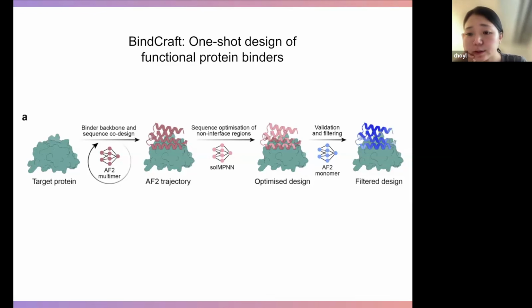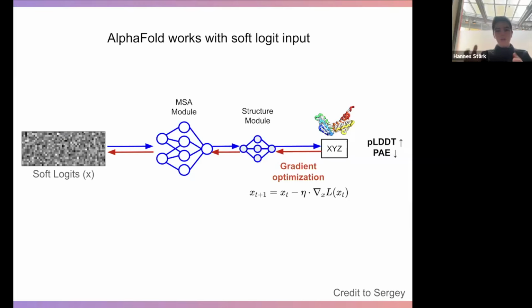Question. If you go back one slide, this is sort of the core of what these procedures are doing: optimization based on gradients to optimize these predicted metrics like pLDDT and PAE. And these are actually even classifications that are combined in a soft manner.